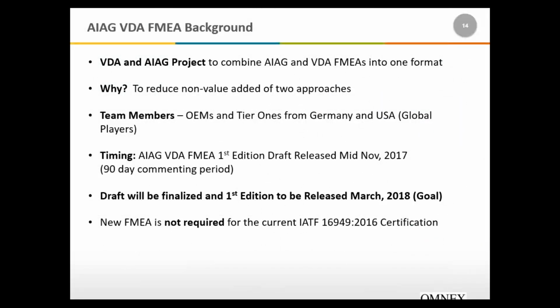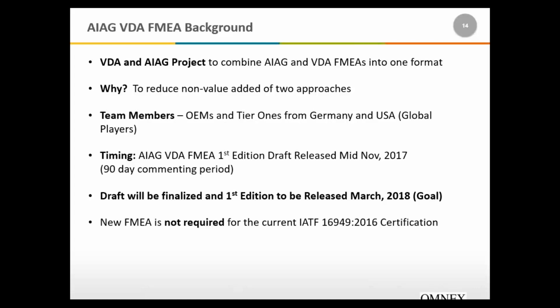All right then, so what is the background to this AIAG VDA FMEA? I'm assuming many of you knew about this, that there was a task force formed to combine the VDA and AIAG FMEAs. And there was a project put into place. Why? Well, in the end of the day, plain and simple, there were differences in both the methodologies.